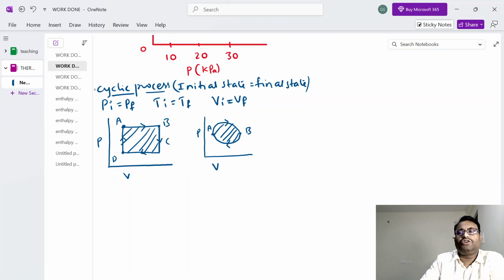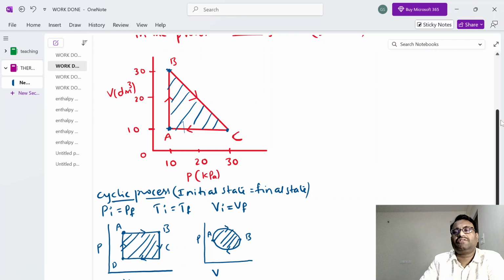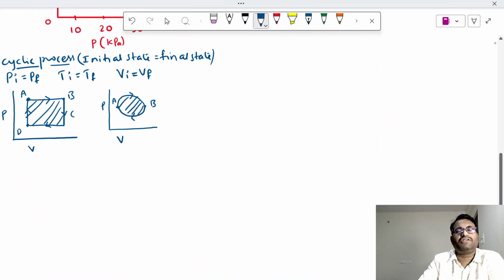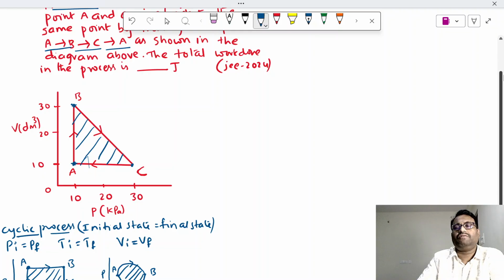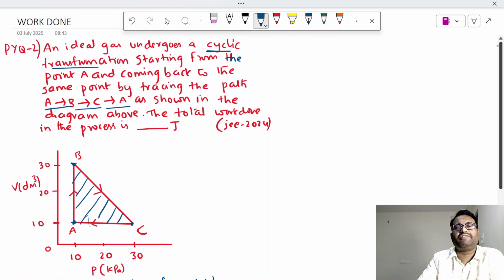Okay. So in the question given to us, let us see. What is the question? A cyclic process is given here. If you can calculate the area of this, this area ABC, then that will be the work done. So calculating the area of triangle ABC.